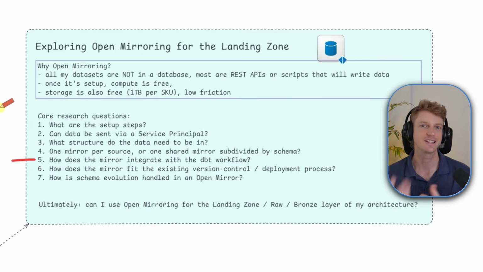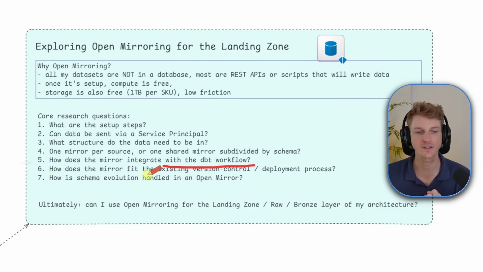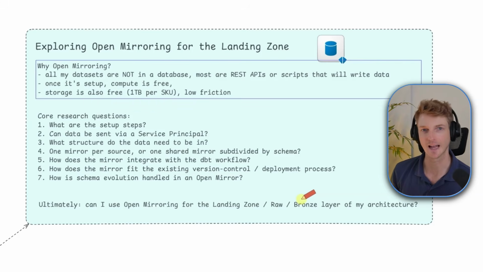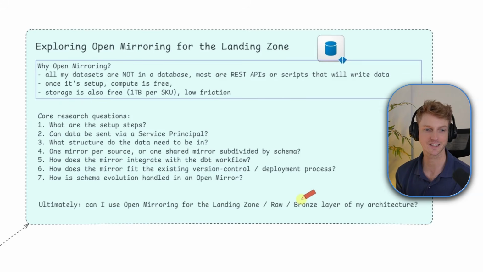Then, because we're integrating this into an existing architecture, how well would this integrate with my DBT workflow that I've been working on? How does the mirror fit into existing version control and deployment? Okay, so this is another question that I had. How would you deploy and manage your open mirror through CI/CD, including things like schema evolution?